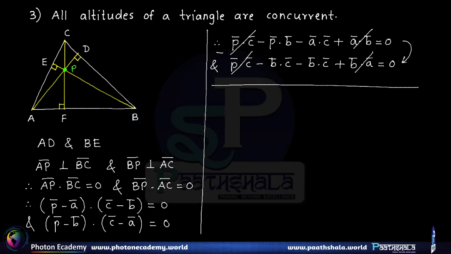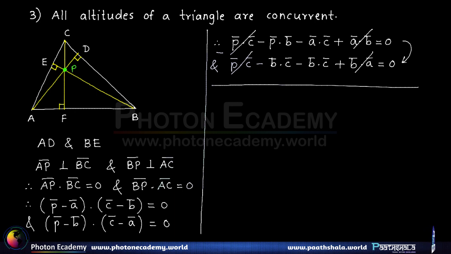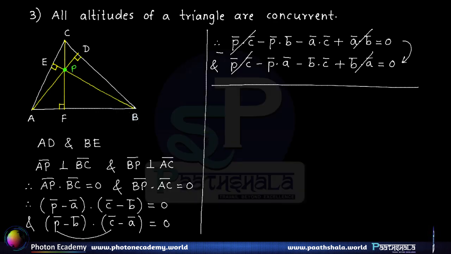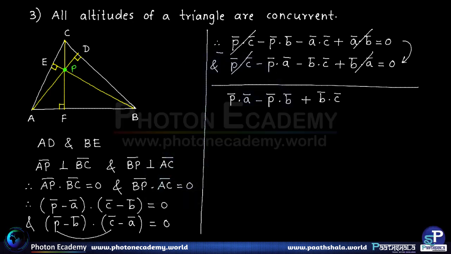What remains is P dot A, then minus P dot B. There was a little mistake in the first term earlier, which is corrected now. The terms become positive because they are being subtracted. Similarly, B dot C becomes positive, minus A dot C, is equal to 0.